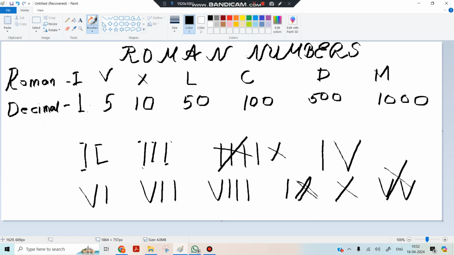And V is not written to the left of any other letter to represent a minus 5. We cannot do a minus 5. So for V, it is neither repeated nor is it to be written to the left of any other letter.